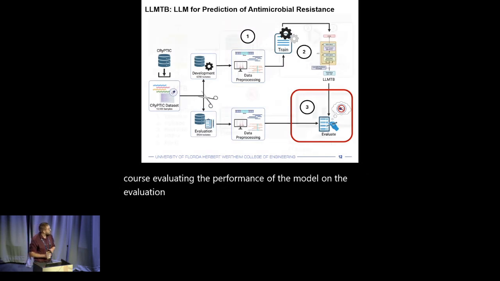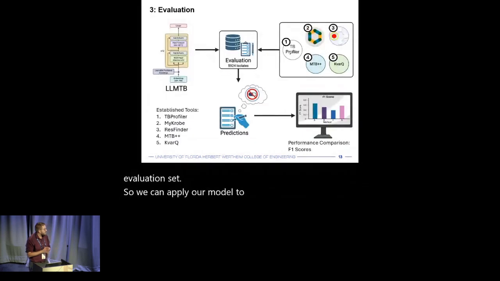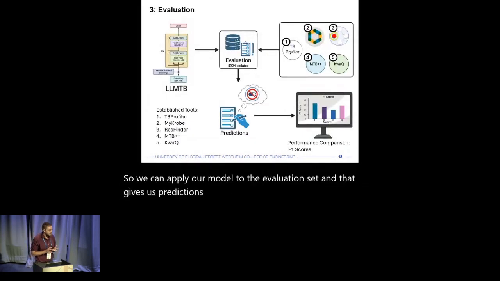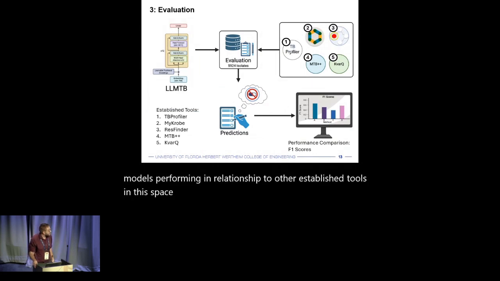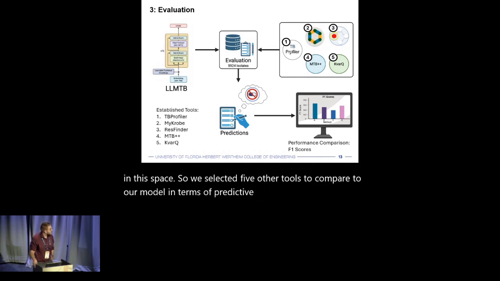So we can apply our model to the evaluation set, and that gives us predictions, but it doesn't really tell us how well our model is performing in relationship to other established tools in this space. So we selected 5 other tools to compare to our model in terms of predictive performance. They are TB Profiler, Microbe, ResFinder, MTB++, and KBAR-Q.